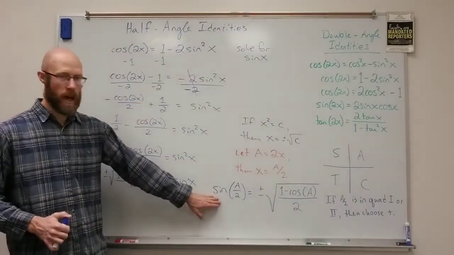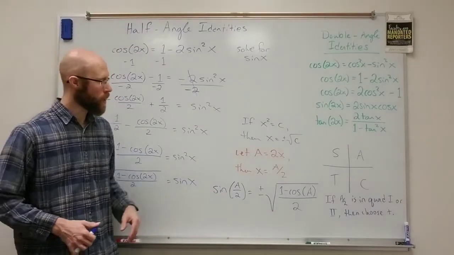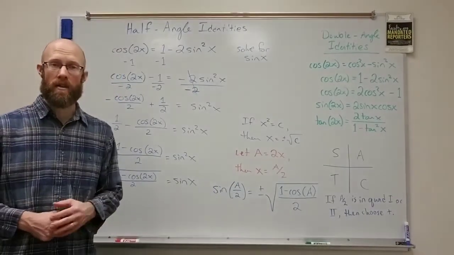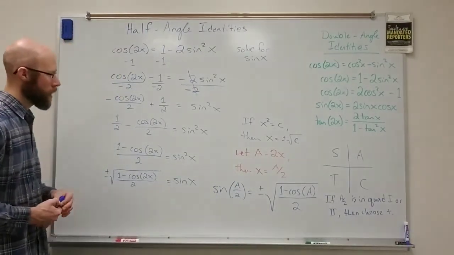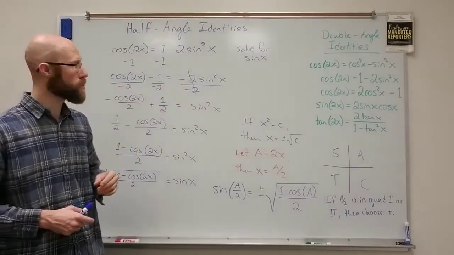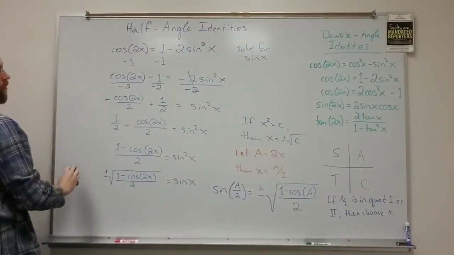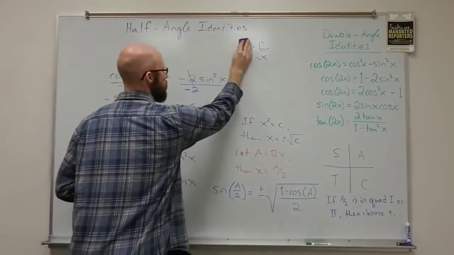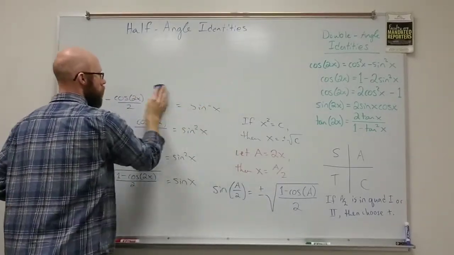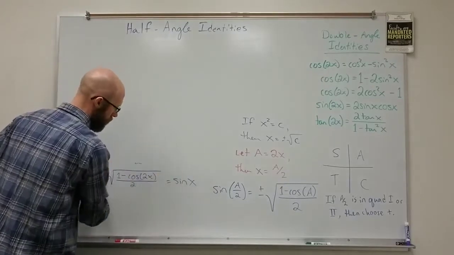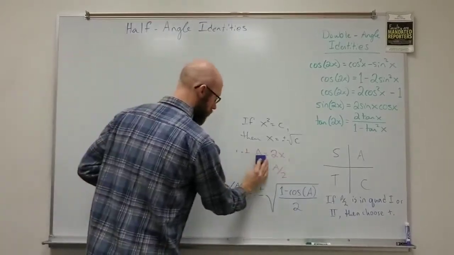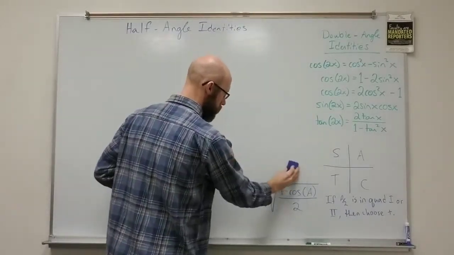This is called a half-angle identity. There are several half-angle identities. They can be derived in similar ways. So I'm going to summarize those for you here. Rather than going through and deriving all of the details, we'll just derive a couple, and I'll make some notes of the rest.